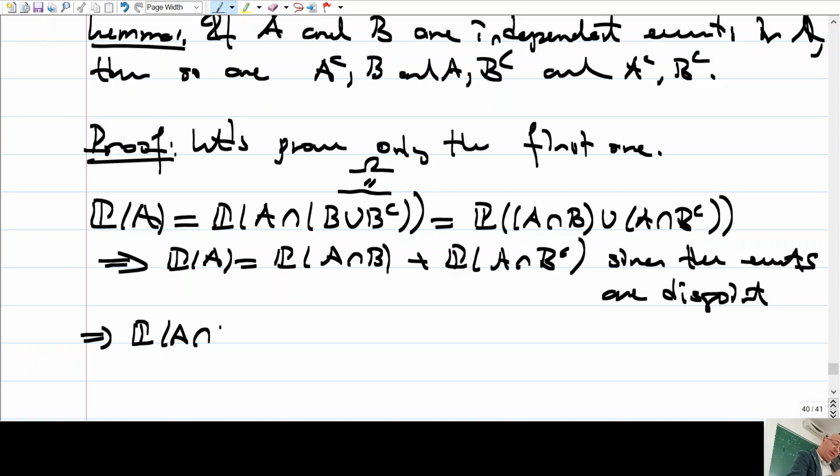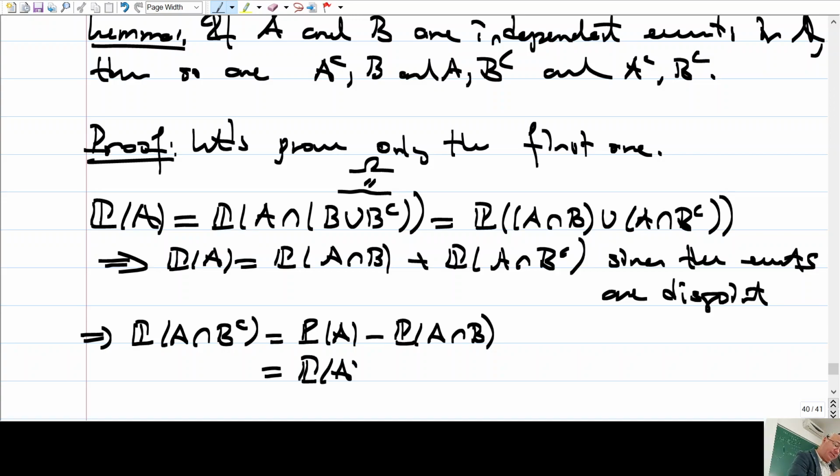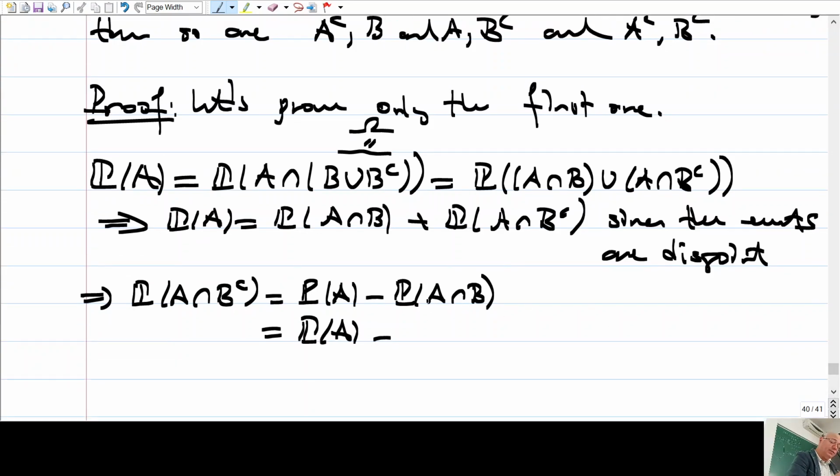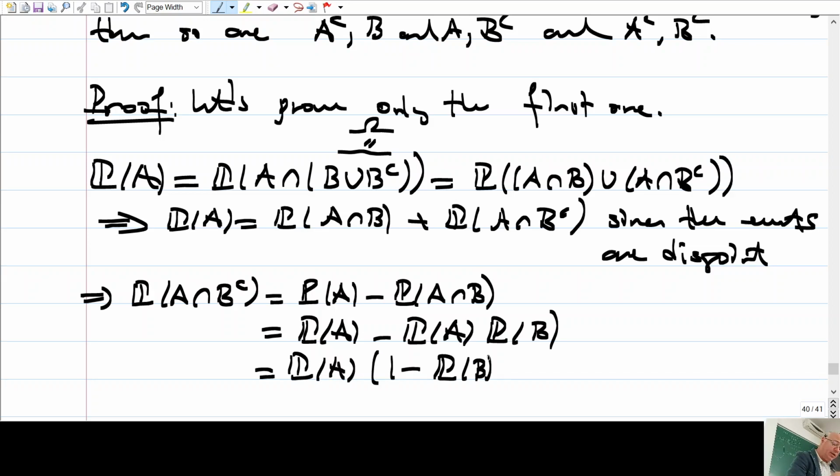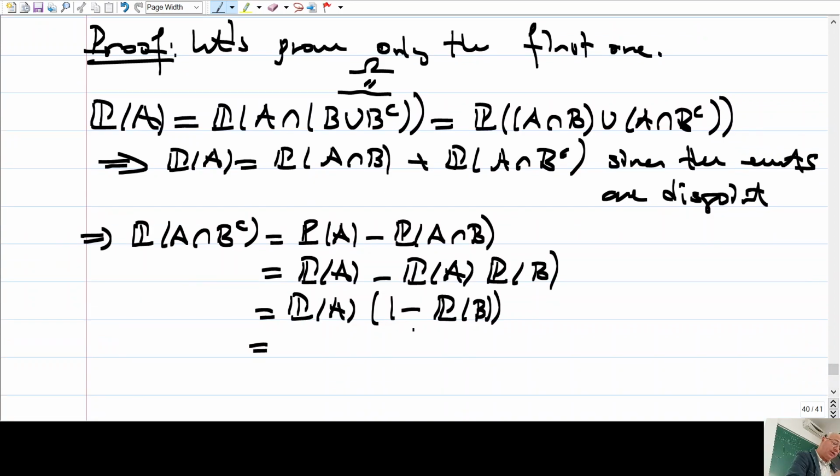P(A intersection B complement) is PA minus P(A intersection B). And this is PA minus, since A and B are given to be independent, this probability is just PA times PB, right? And this is just PA times 1 minus PB. And what is 1 minus PB?